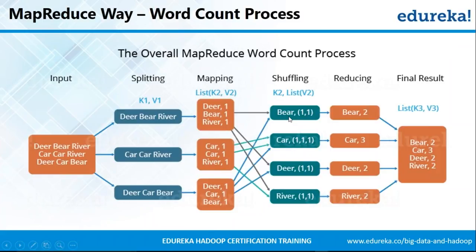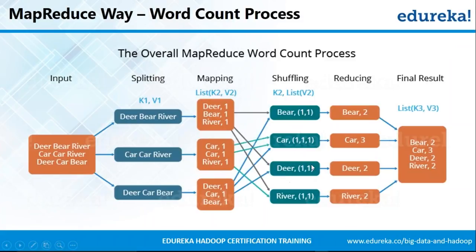In the shuffling phase, all the keys had a list of values assigned by going through all the results given out by the mapping function. So for bear it was 1, 1, because bear, 1 and then another bear, 1 was there in the third split. Similarly for car, it became car, 1, 1, 1.